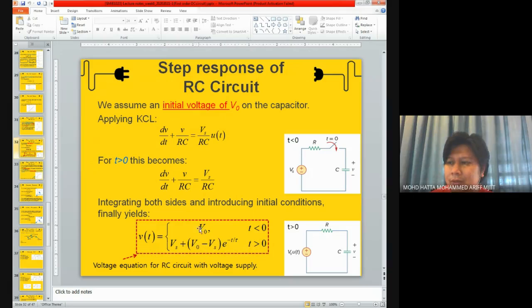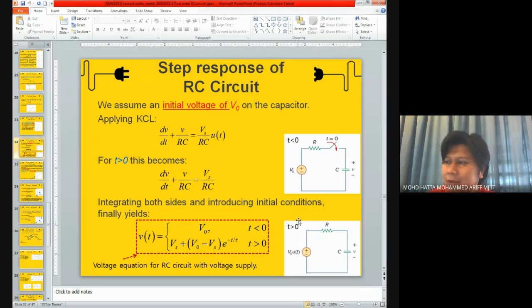We already know this is the initial charge, so if the initial voltage is given in the question, it's easy for us. This one is considered done. The things we really need to find are the value of tau, as well as the value of Vs. Vs is basically the magnitude of the voltage source over here.